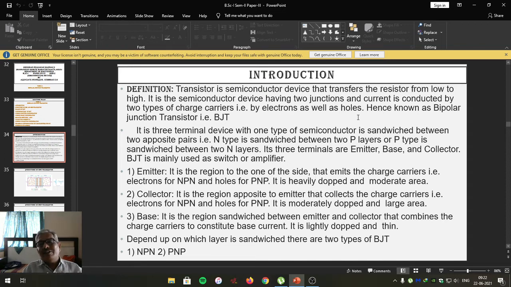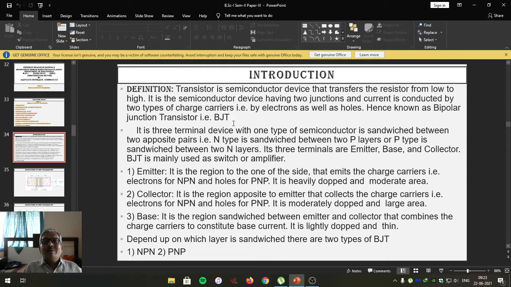So that's why it is called a bipolar device. It has two junctions, and in this device current is conducted by two types of the polarities. Hence it is known as bipolar junction transistor and it is abbreviated as BJT.